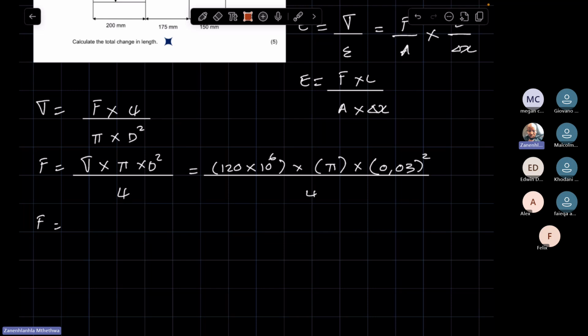Oh, it's 27,000 pi. Okay, I see. So you're supposed to change that to decimal form. This is what you get, 84,823. You can either write all of that, or you can simply press engineering notation and you get 84,823 kilonewtons.